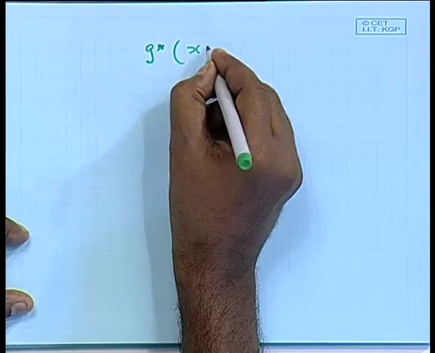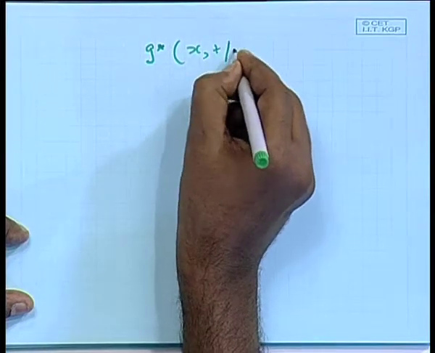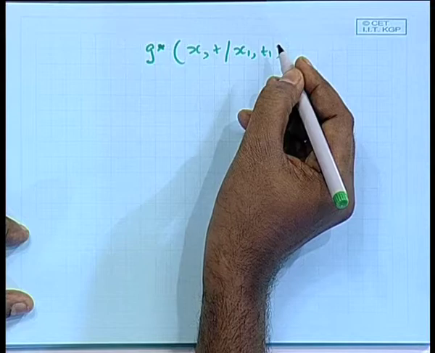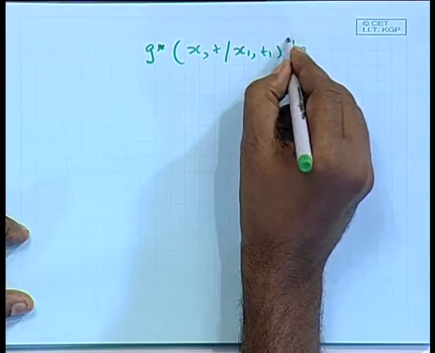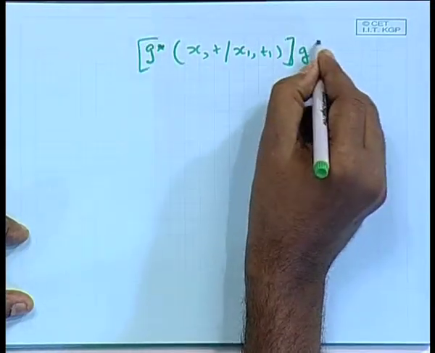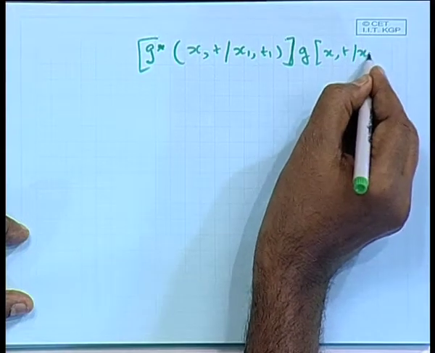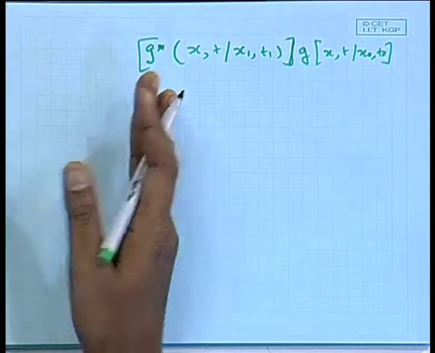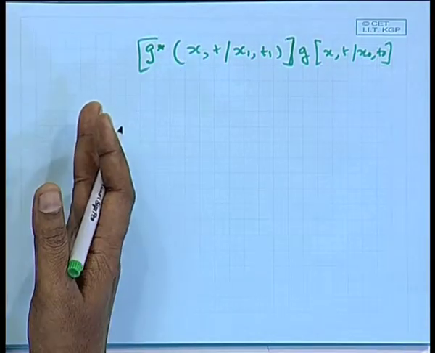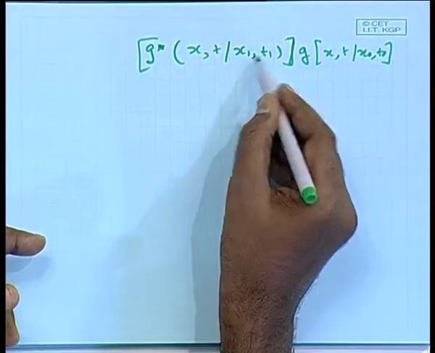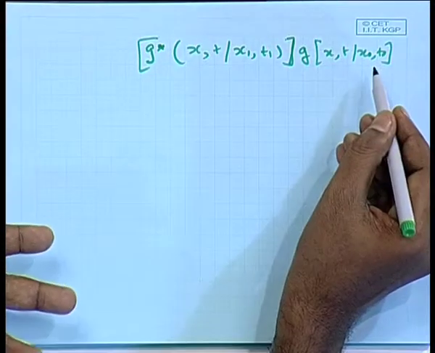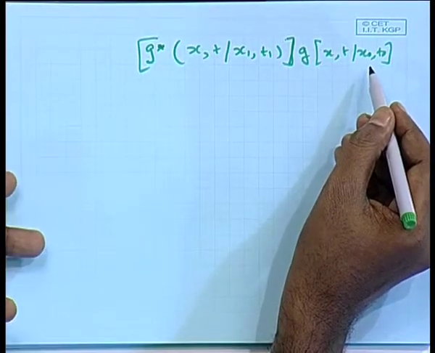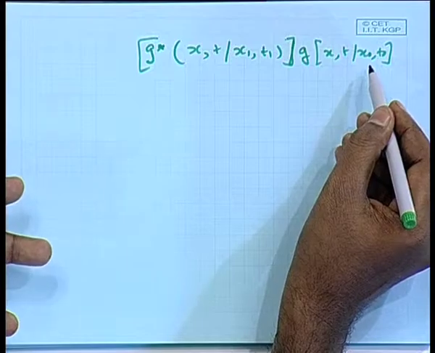G star will be a function of x, t, x1, t1, and g was a function of x, t, x0, t0. Both functions are different, so you cannot have unity impulse at the same location. Let us say dummy variable at x1 t1 for g star and you put the unit impulse in case of g at x0 and t0.